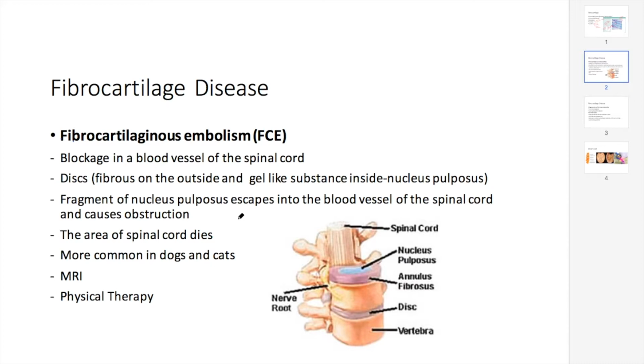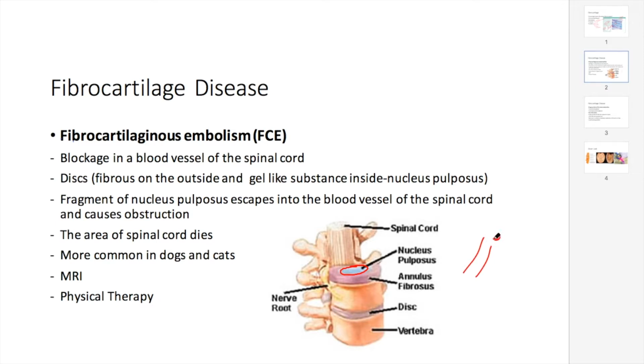How it happens: the discs have a fibrous outside and a gel-like substance inside, called the nucleus pulposus. When a fragment of nucleus pulposus escapes into a blood vessel of the spinal cord, it will cause obstruction.